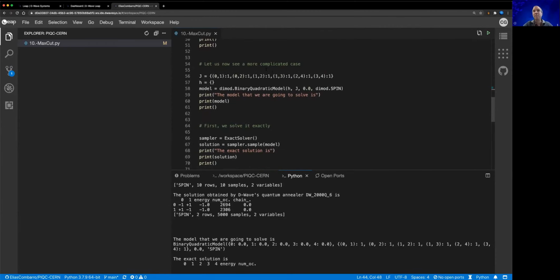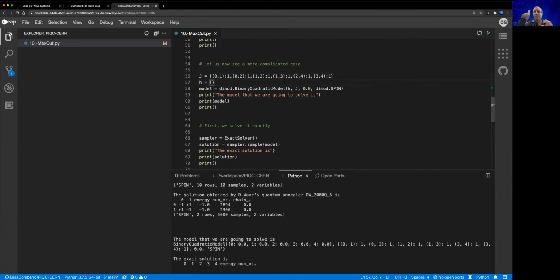Now let's use a little bit more complicated example. Here we have another instance of the max-cut problem because all the coefficients are set to 1. You can change this to run a different Ising model, okay? But this is easy to interpret, so that's why I'm keeping these max-cut examples.